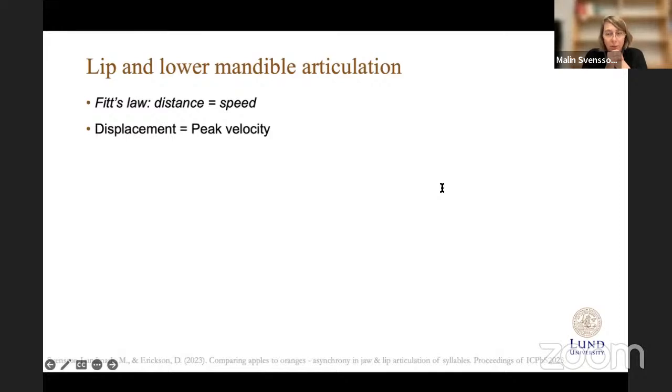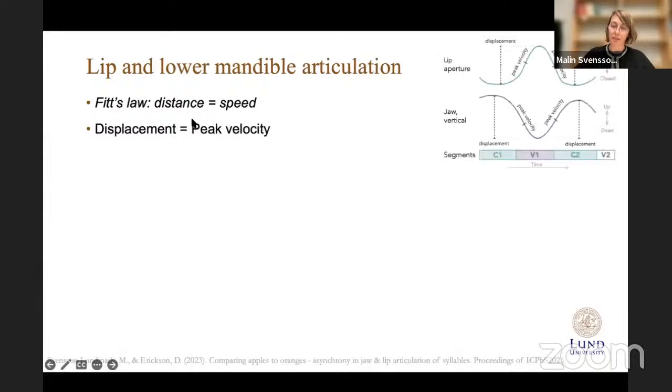So here's a study where we used the notion of Fitts' law to compare the jaw with the lips. Basically, we wonder whether the distance of the movements from a closed mouth to an open one, for the jaw and the lips, could be correlated with the speed of the movements. Fitts' law predicts that this is a linear relationship.